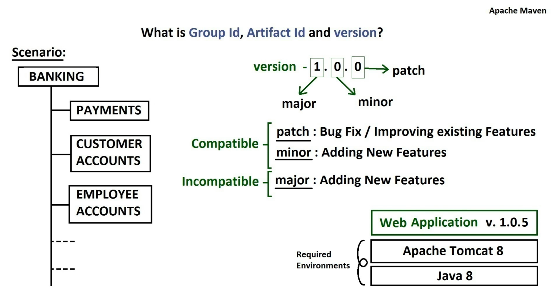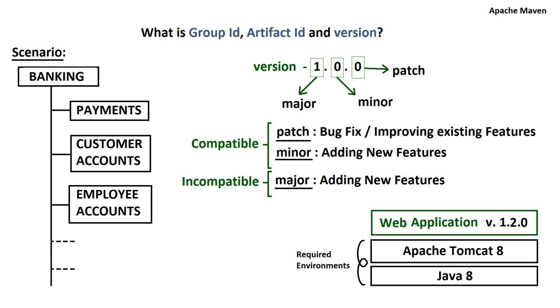Now, I want to add new features to the application. Then, I will update the minor value. Therefore, it could be 1.1.0. On updating new features to the application, this minor value increases.